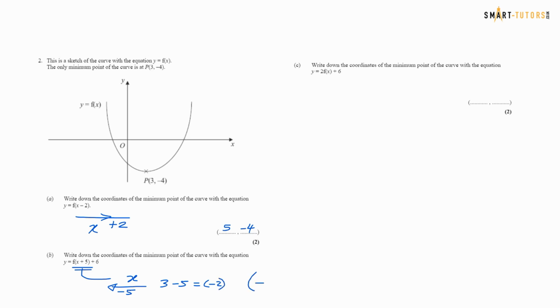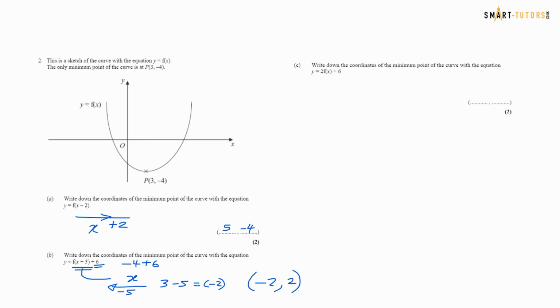The y coordinate, plus 6, means moving up. So the previous y coordinate is minus 4, add 6, which is plus 2. So the answer is minus 2, comma, 2.